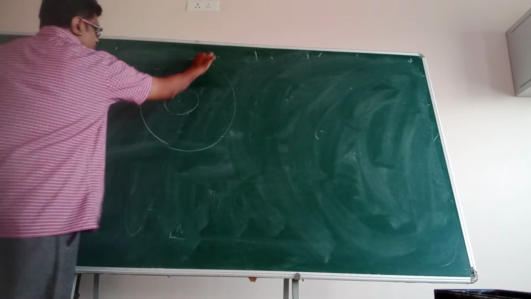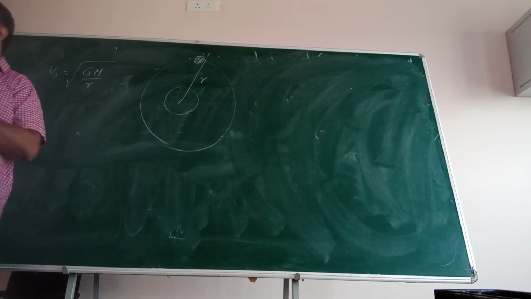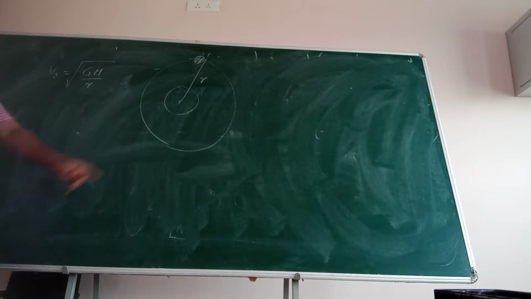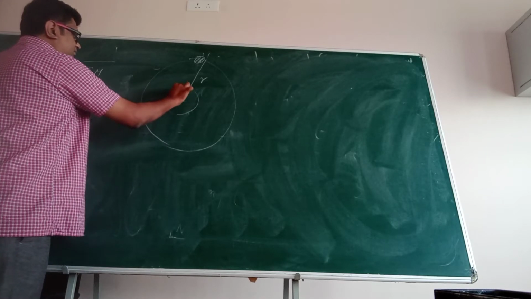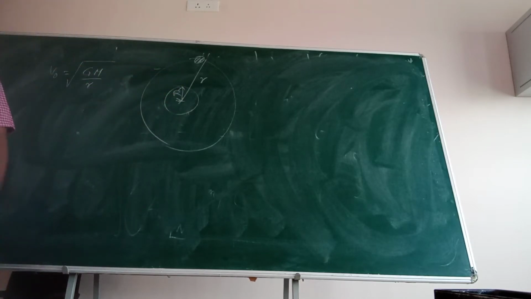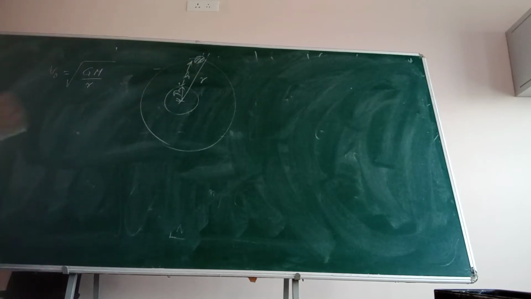From here to here, it is r, small r. Small r is usually a varying distance. Distance which changes, we denote by small r. Capital R is used for the radius of the Earth, and the height above the ground is small h.